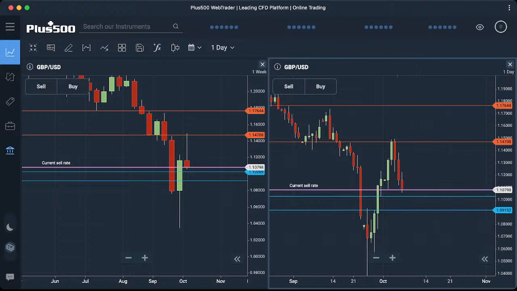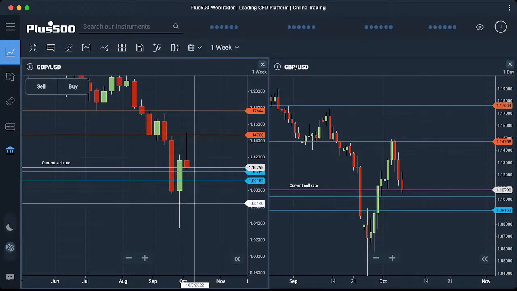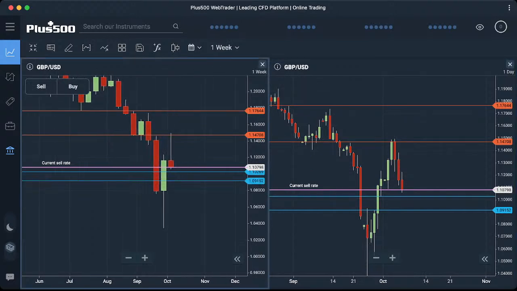And one more thing I want to highlight here, in the weekly chart on the left side, you can see that the bullish candle has a long wick.